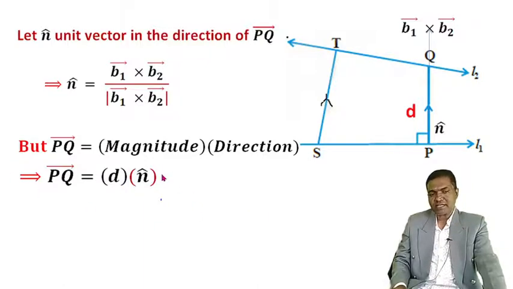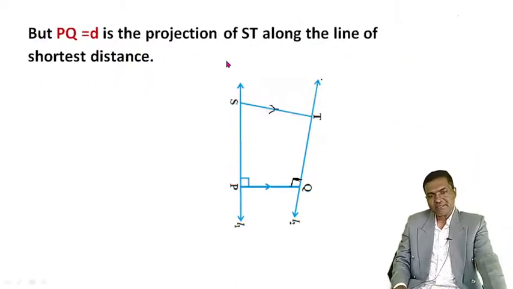So understand this. Actually, we are interested in this length, and that will be got by projection method. So let's see further. I said earlier PQ is D, which is nothing but the projection of ST on PQ. How has this happened?